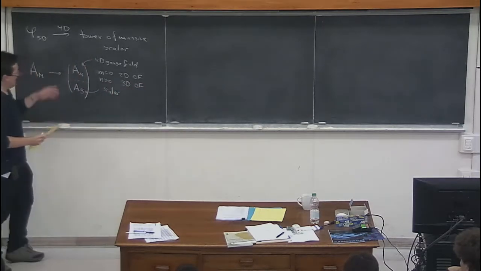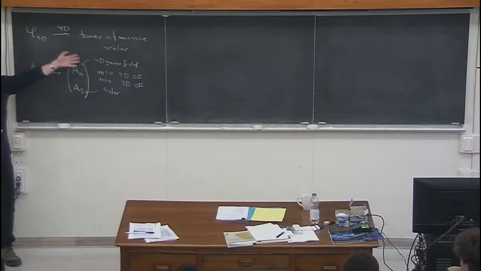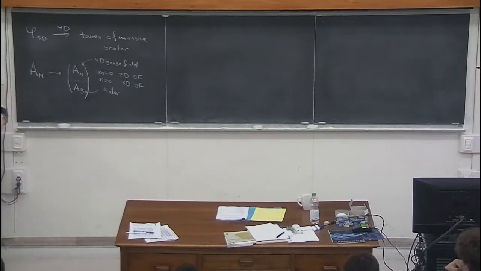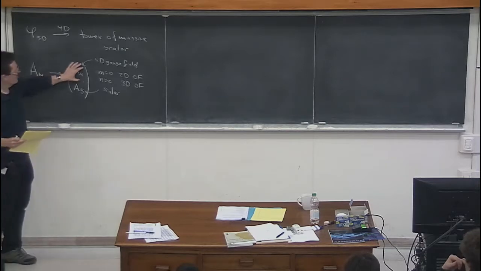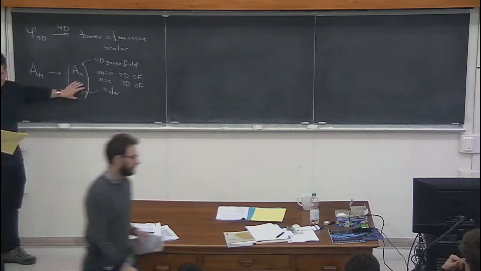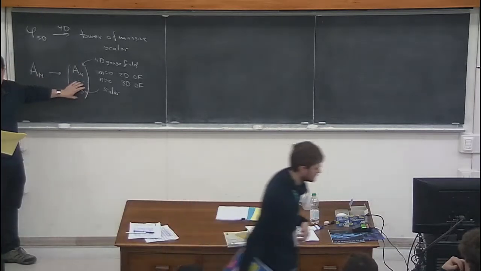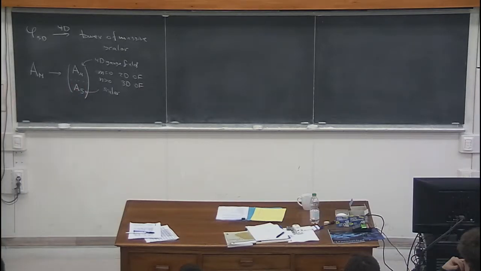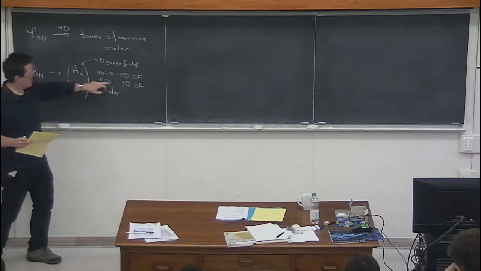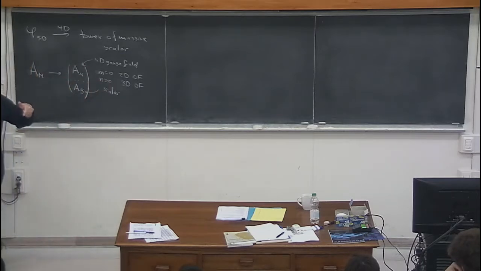Again, the naive expectation is that you do the same story as for the scalar. You get a massive Kaluza-Klein tower for the gauge field and a massive Kaluza-Klein tower for the fifth component, and that's not quite right, because a massive gauge field already has 3 degrees of freedom. The other question is, how many degrees of freedom are there in a 5-dimensional gauge field? Let's assume this is a massless 5D gauge field.